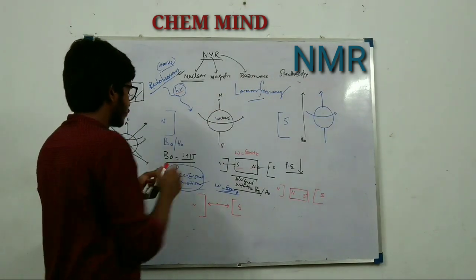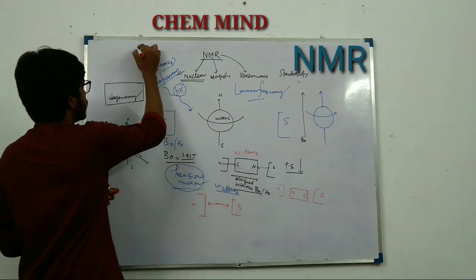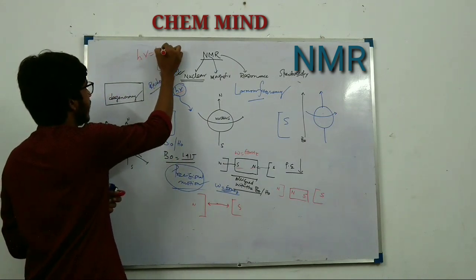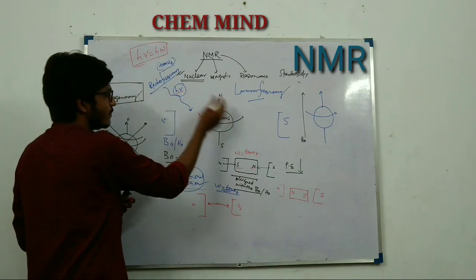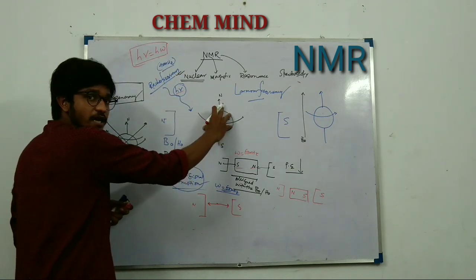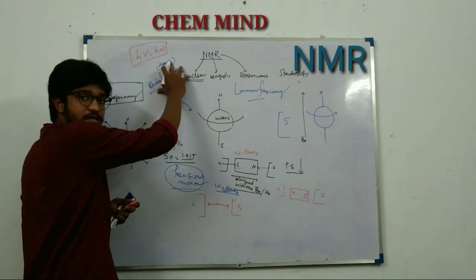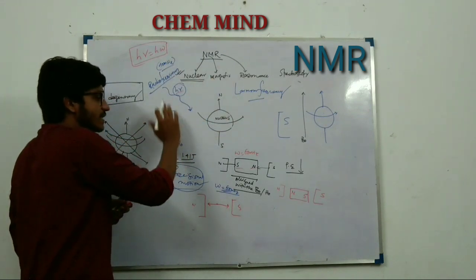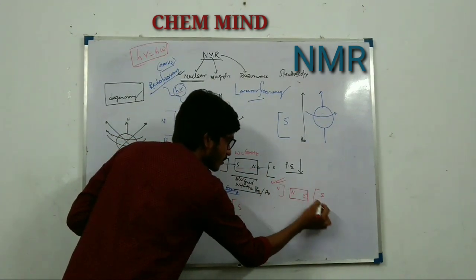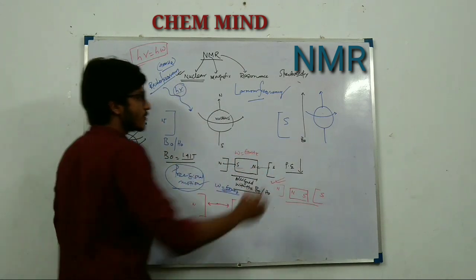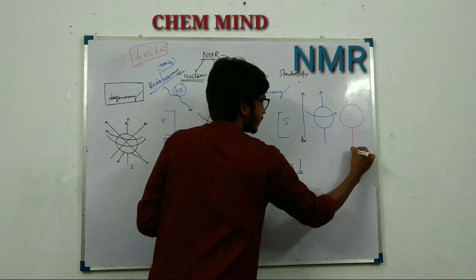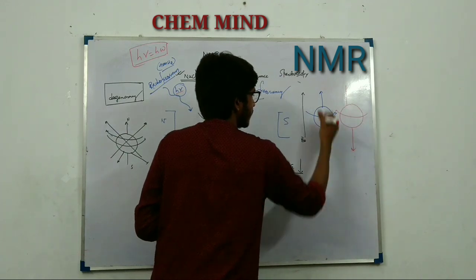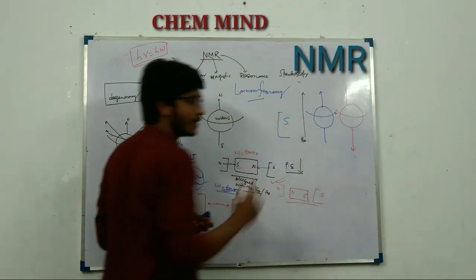So when it will be absorbed, I will say that when h nu equals h omega, only then does this nucleus absorb the energy, absorb the radio frequency, and come against the field, to this particular position. So actually this is the nucleus, and it rotates like this and comes against the field.